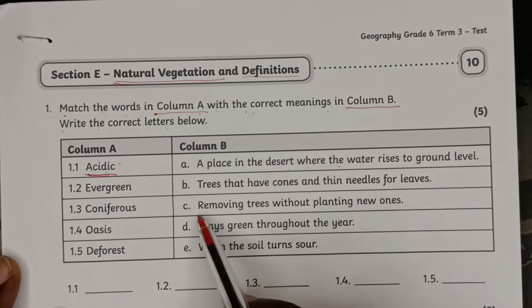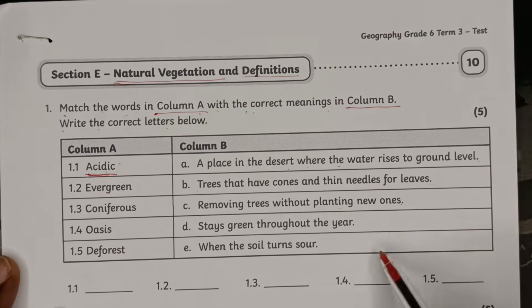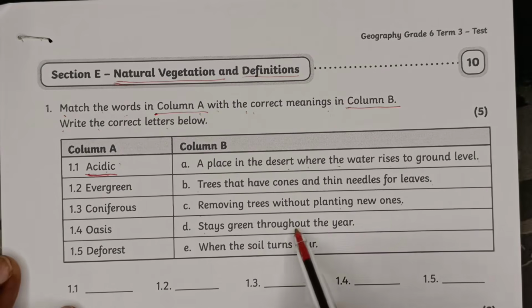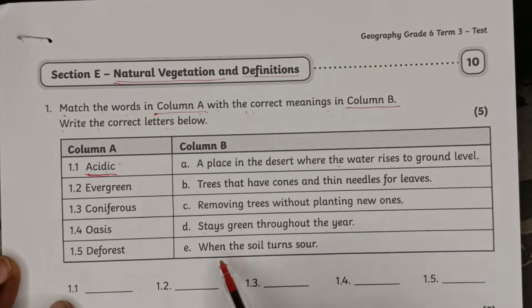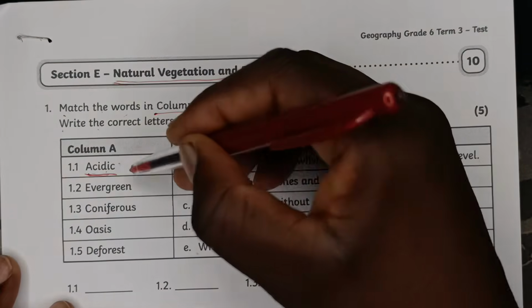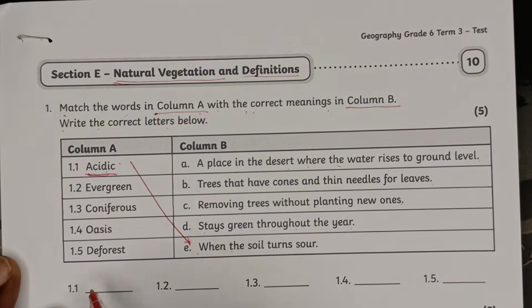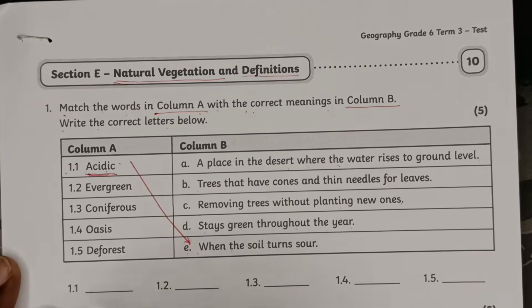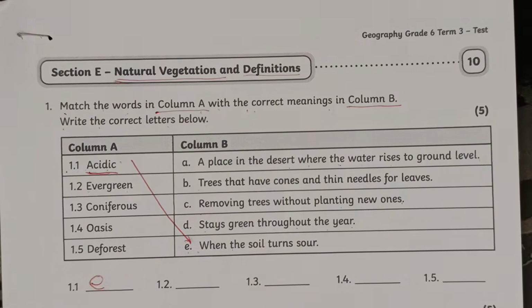No. Is it removing trees without planting new ones? No. Is it stays green throughout the year? No. So what is the correct one? When the soil turns sour. So when the soil turns sour, we say it's acidic. So 1.1 is E.